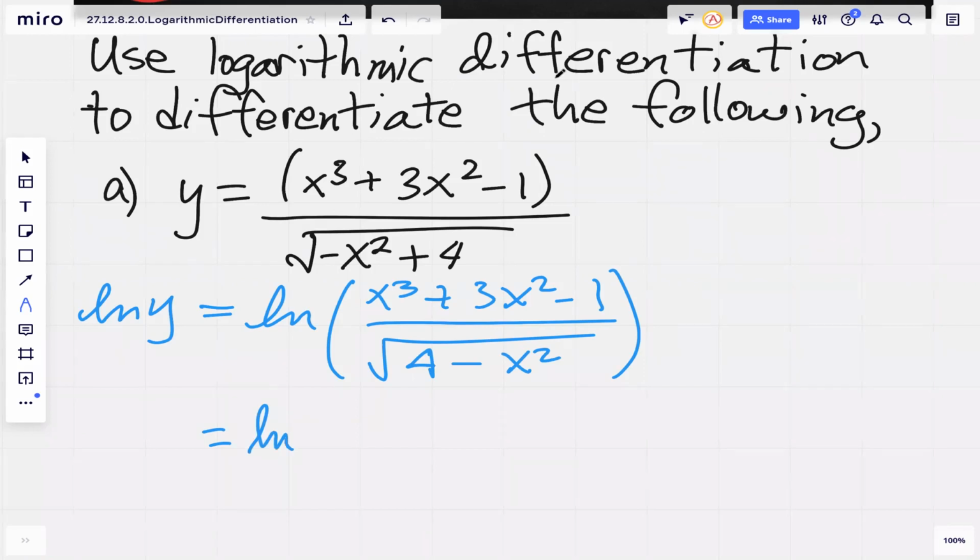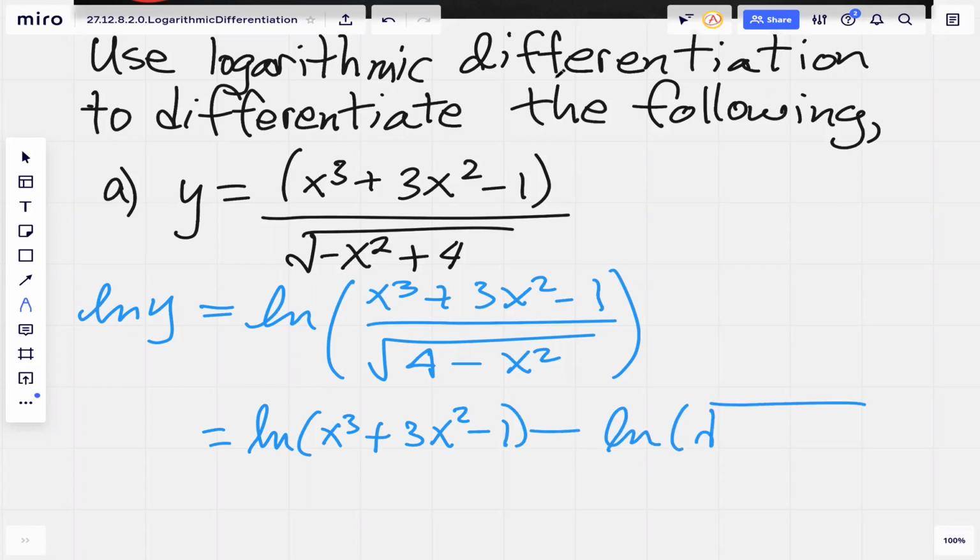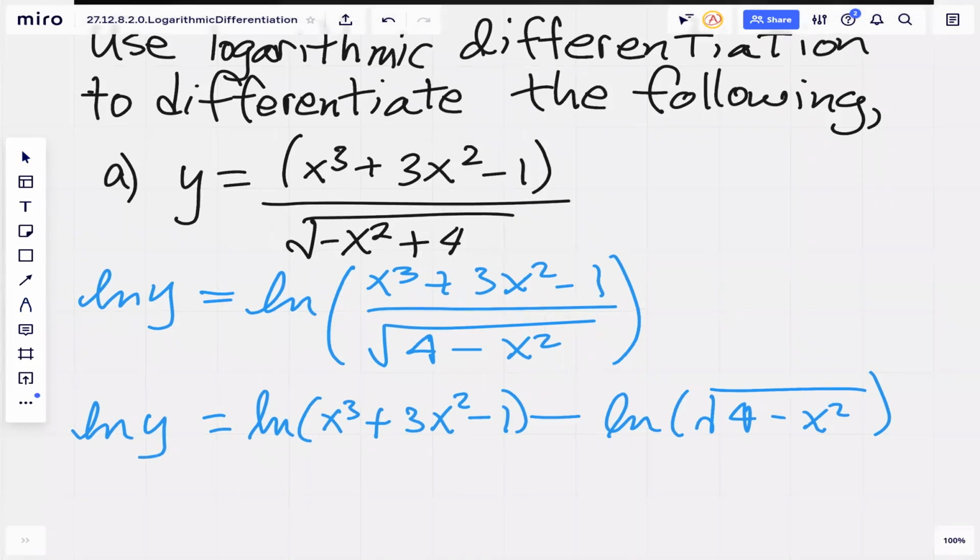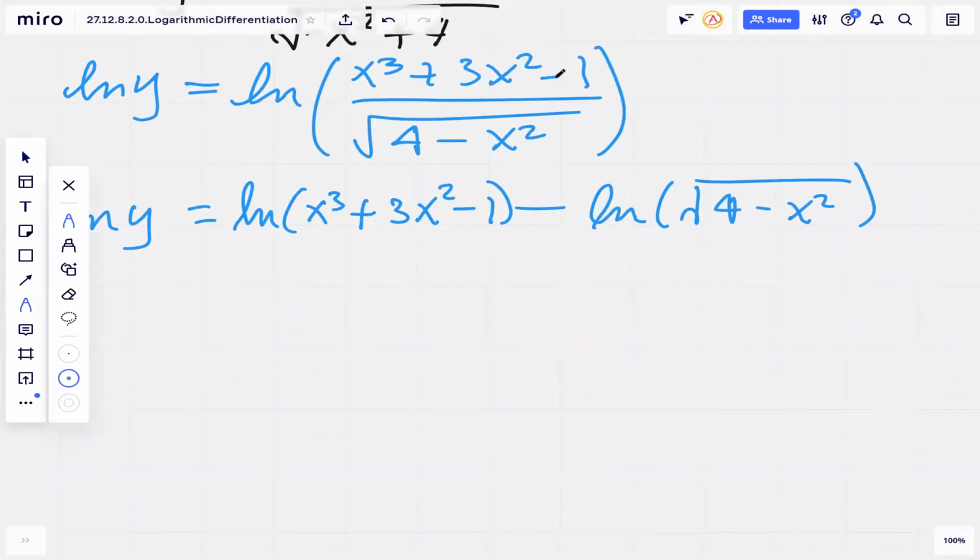So the ln of x cubed plus 3x squared minus 1 minus the ln of the square root of 4 minus x squared. And again on the left-hand side we have ln of y. Let's continue with this and see where we end up.